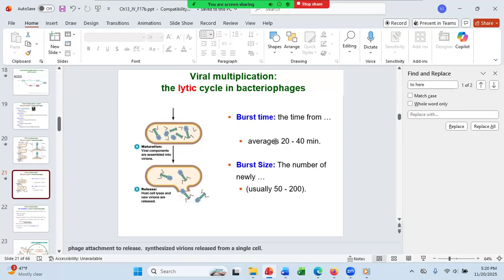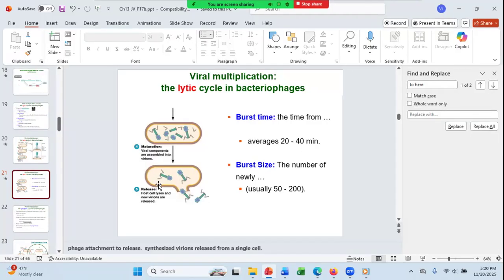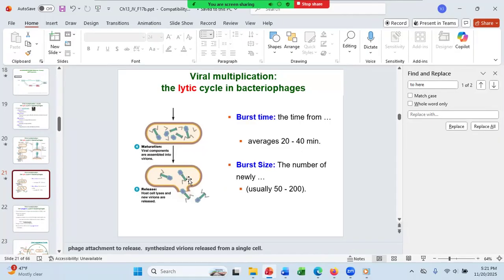The burst size is the number of newly released virions from the host cell. The number depends on the viral species, but usually somewhere between 50 and 200 new virions can be made in an infected bacteria cell. Any question about any of that?